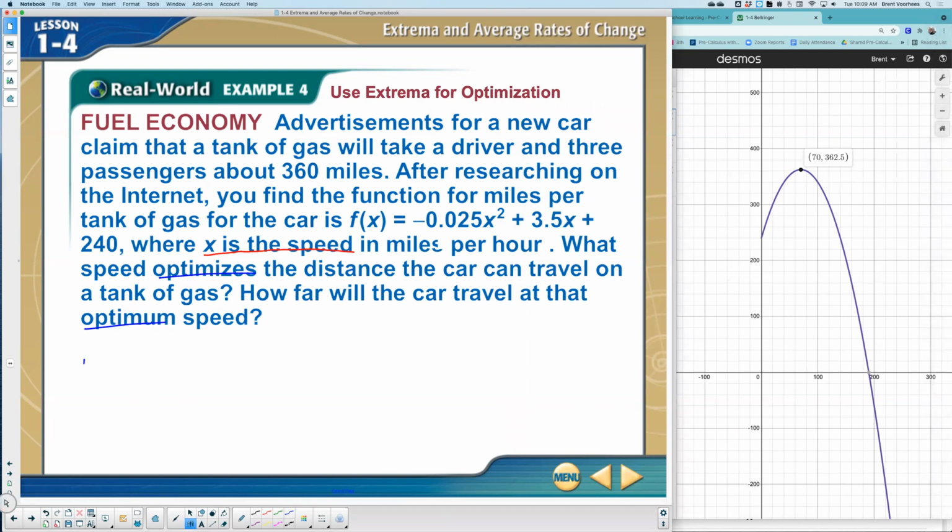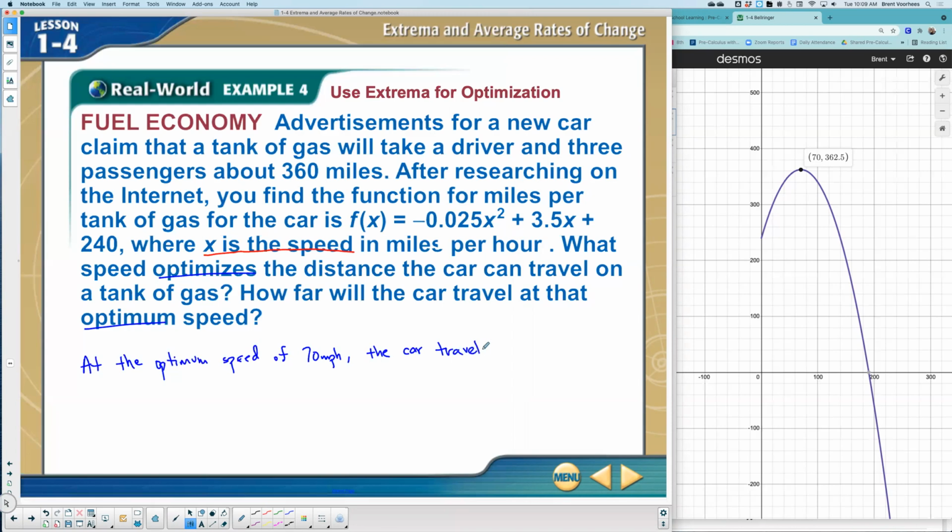At the optimum speed of 70 miles per hour, the car travels, and you could use the word optimum a second time.